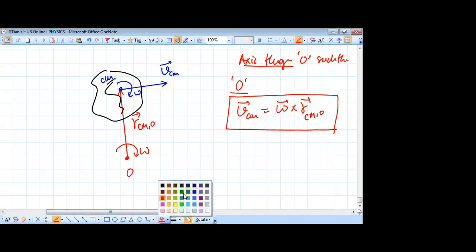Now think of any arbitrary point within the rigid body, P. So with respect to O, the position of that point, suppose, is R of P with respect to the surface.